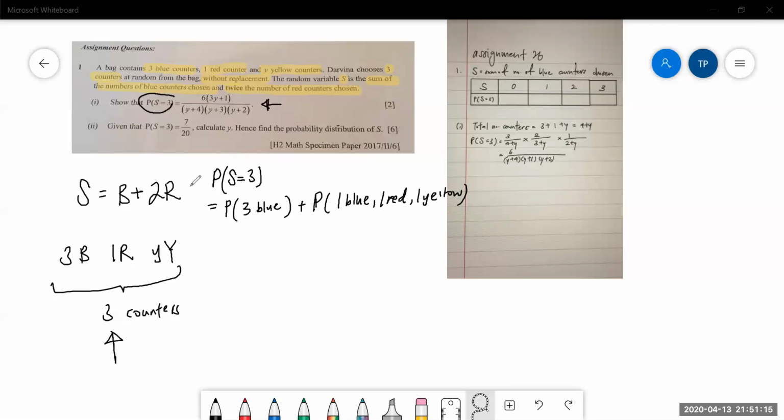Wait, this is very confusing. They are not even taking yellow into consideration. Why is this so complicated? Relax. If you think it's complicated, everybody will think it's complicated.